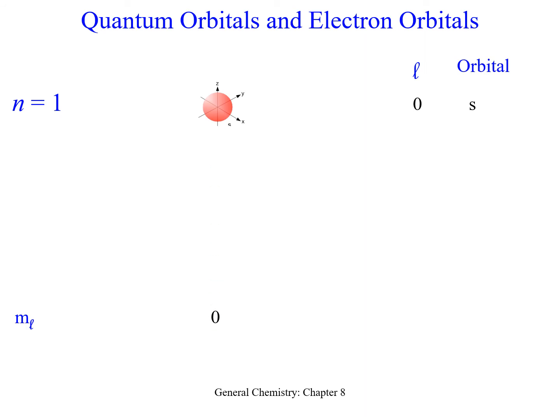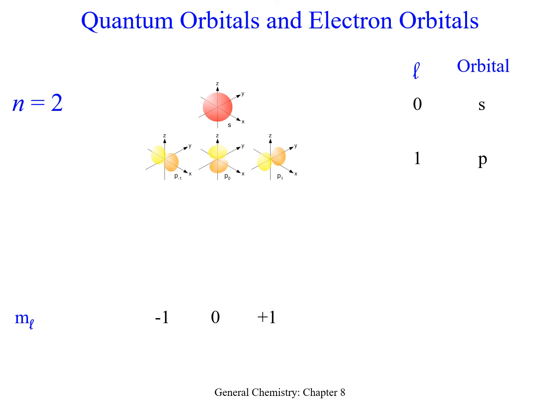Go to the second quantum shell, and now you have s and p, where L is equal to 0 for s orbitals and L is equal to 1 for the p orbitals. M sub L now would be 0, -1, and +1.